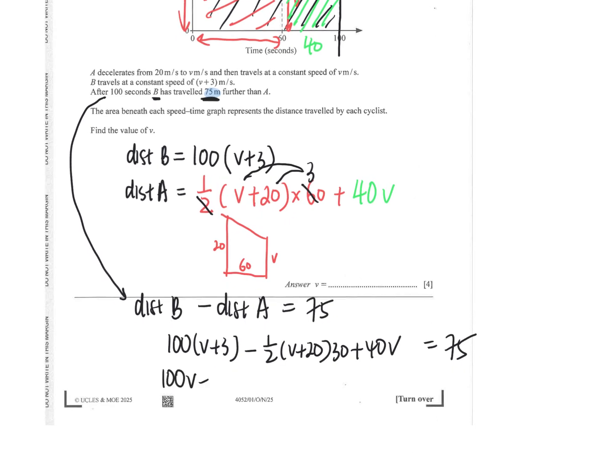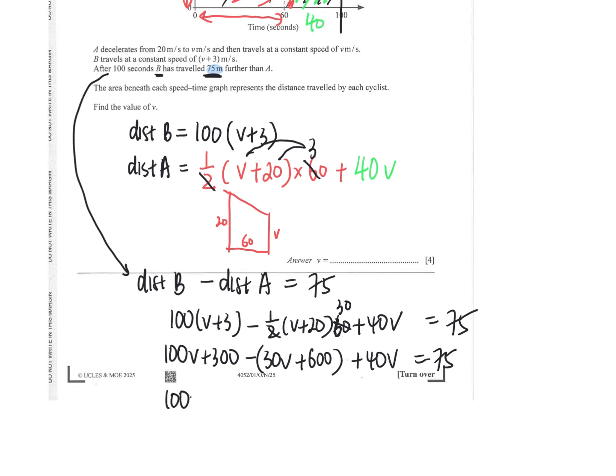This is 100V, this is 300. Sorry, this is 60, so 30. So this is 30V plus 600. So minus 30V minus 600 plus 40V. Okay, the rest is just algebra.